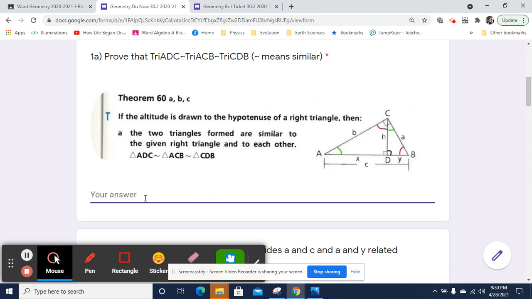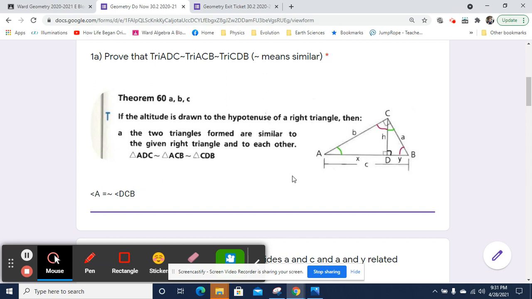We're trying to prove that they are. So let's start with the big one, triangle ABC. Here's what we can say. Angle A is congruent to angle BCD. We can also say that angle B is congruent to angle DCA.